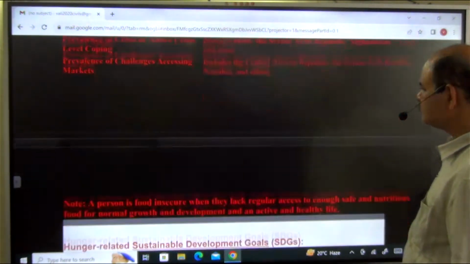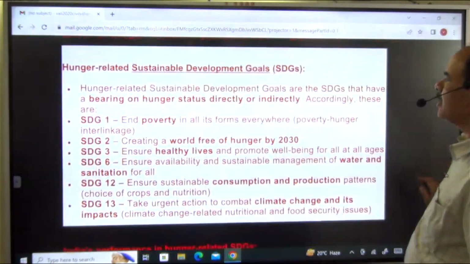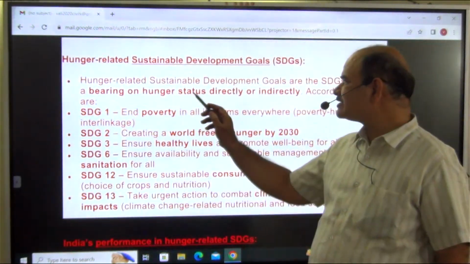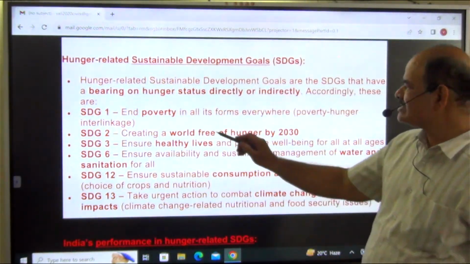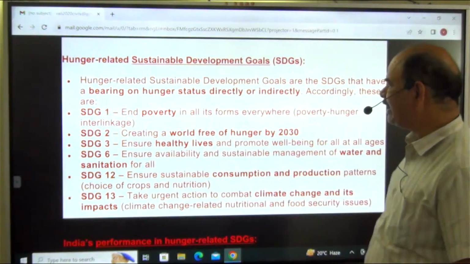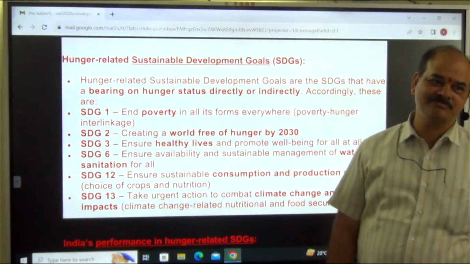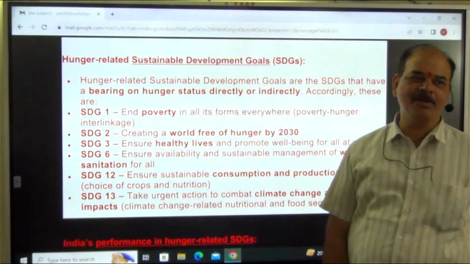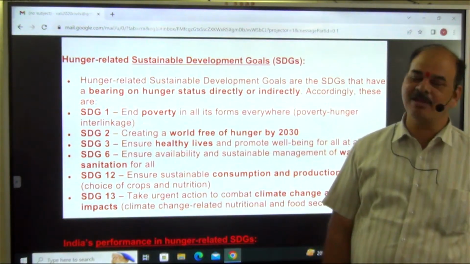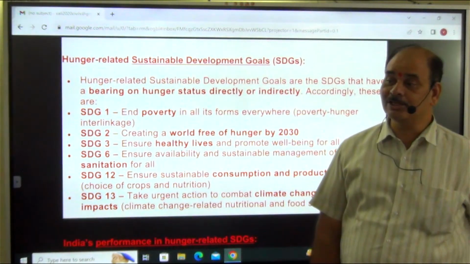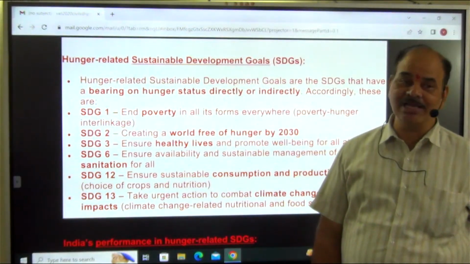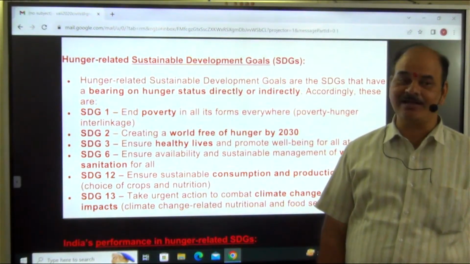Now, the hunger-related sustainable development goals are: SDG 1, to end poverty in all its forms everywhere. In India, we have many poverty alleviation programs. In the rural areas, you have the Mahatma Gandhi National Rural Employment Guarantee Act.